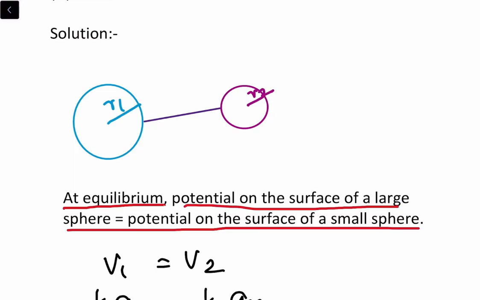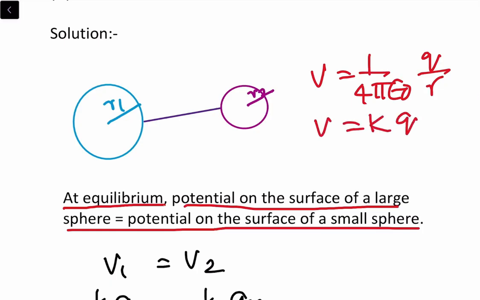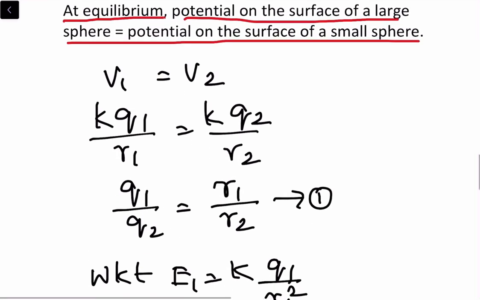You know the potential formula, 1 by 4 pi epsilon naught Q by R, but in general we write V is equal to KQ divided by R. So V1 is equal to V2. KQ1 by R1 is equal to KQ2 by R2. Cancel out K and K, then bring Q to this side: Q1 by Q2 is equal to R1 by R2.